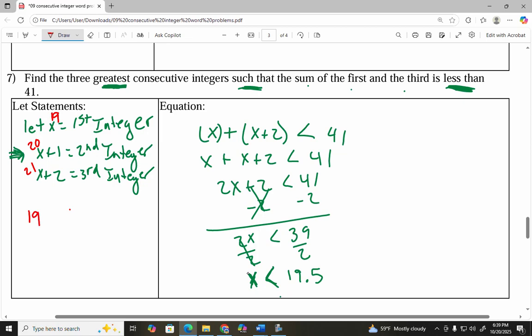No, I didn't. 19, 20, and 21. I said that the sum of the first and the third has to be less than 41. Just test it out for a second. Is 19 plus 21 less than 41? It sure is. It's 40, right? So these are the answers.